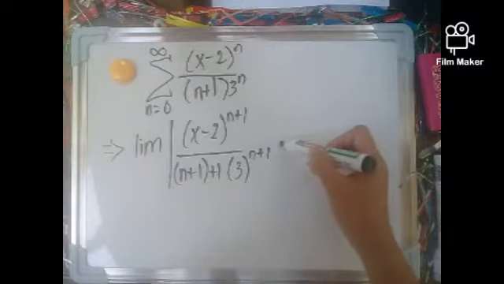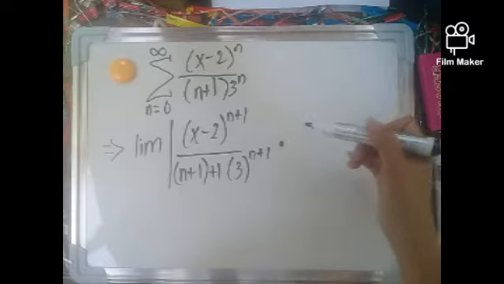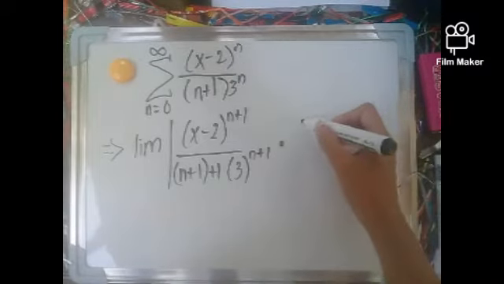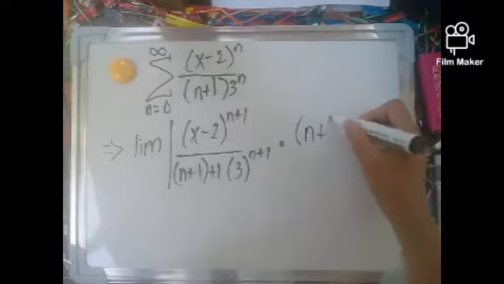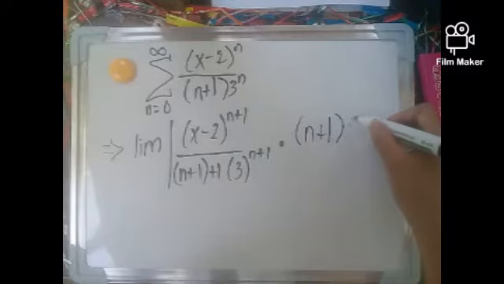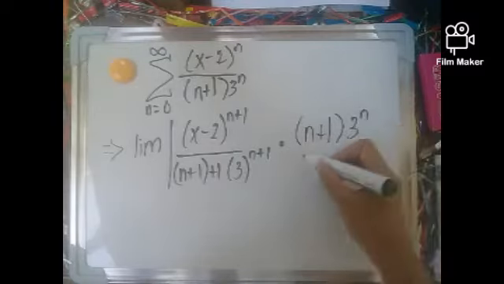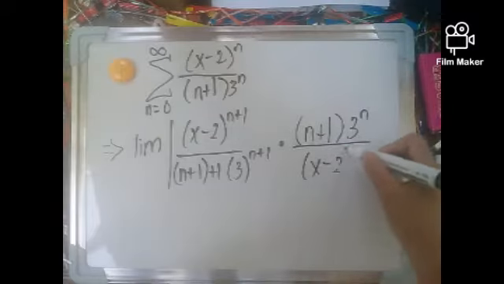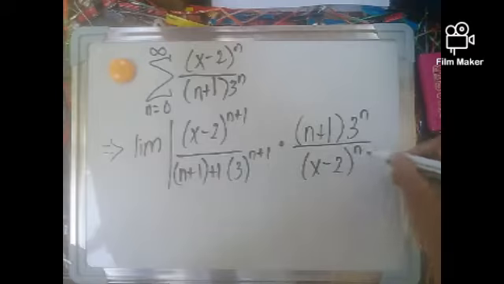And then, i-multiply natin siya sa reciprocal ng given. So, we have n plus 1 times 3 raised to n over x minus 2 raised to n.